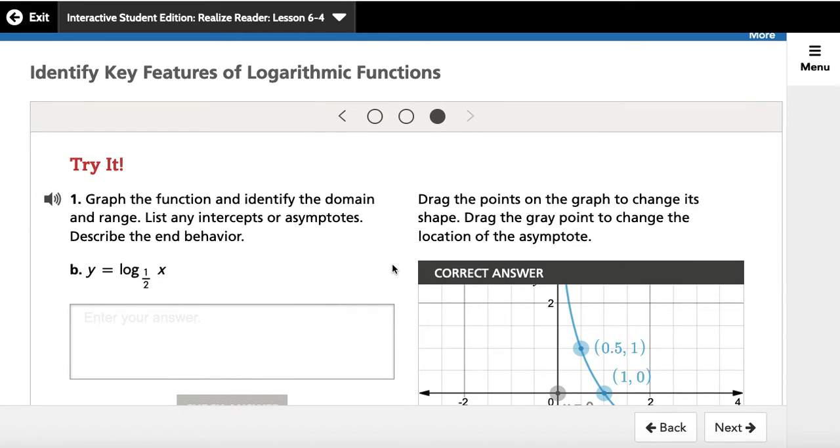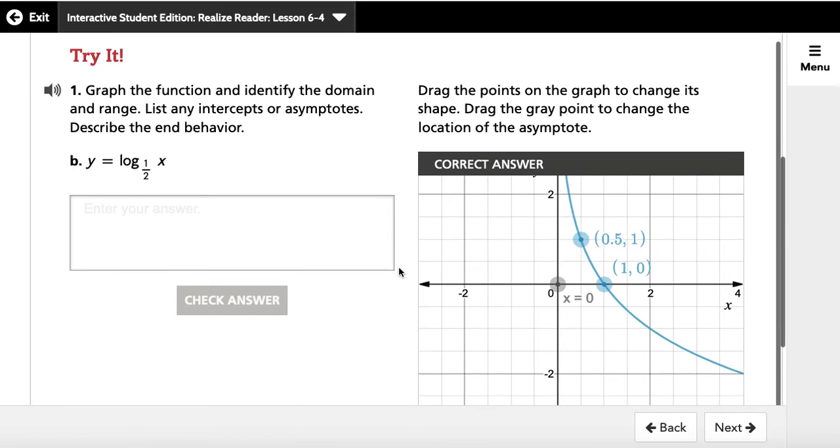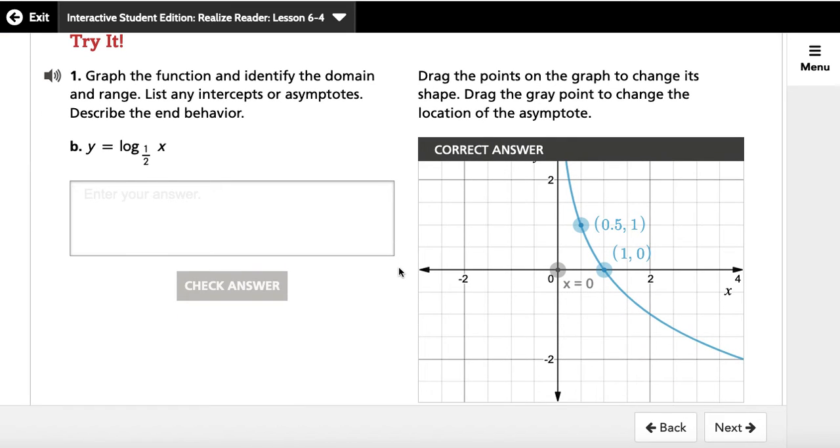Now that I know it's the same graph, I feel more comfortable about talking about the domain. The domain is all values x such that x is greater than 0. The range, all real numbers. It has an x-intercept of 1. Asymptote, x equals 0 is an asymptote. Oh yeah, they had this where I could have moved the asymptote. No, I can't move it anymore.